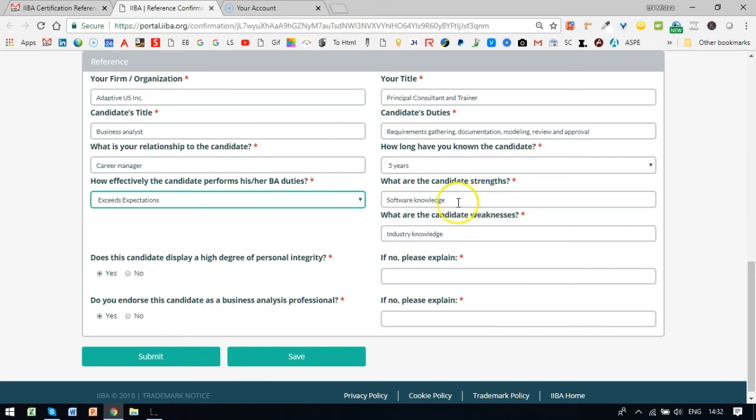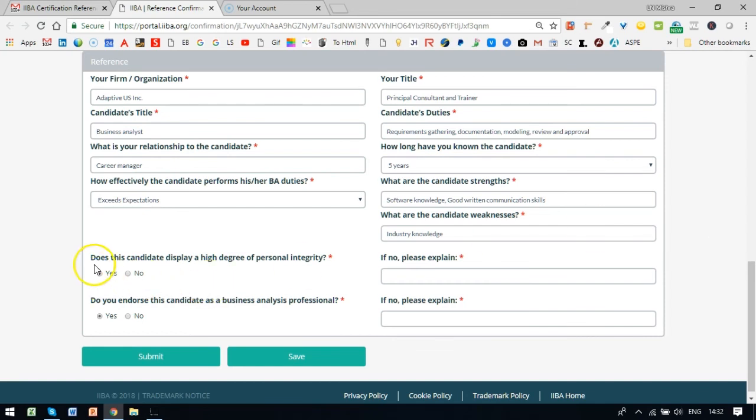So Fatima has good software knowledge, good communication skills, good written communication skills. And then of course, you could also provide a little bit of info about the areas that the candidate can improve. So here I say industry knowledge, and industry knowledge of course takes a lot of time to develop.